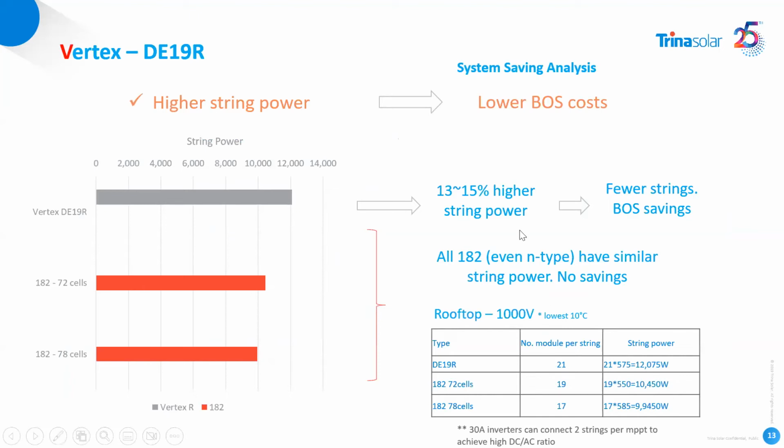So we just want to share with you how we come up with this higher string power. If you can see, once you install the DE19R versus the other 182 cells or 78 cells for the N-type, even the N-type, the DE19R or R575 to 580 watt can give you a better LCOE advantage in the installation. Even if they have similar string power, the number of savings, as you can see on the lower right portion of our screen, is that the DE19 has 21 modules per string.